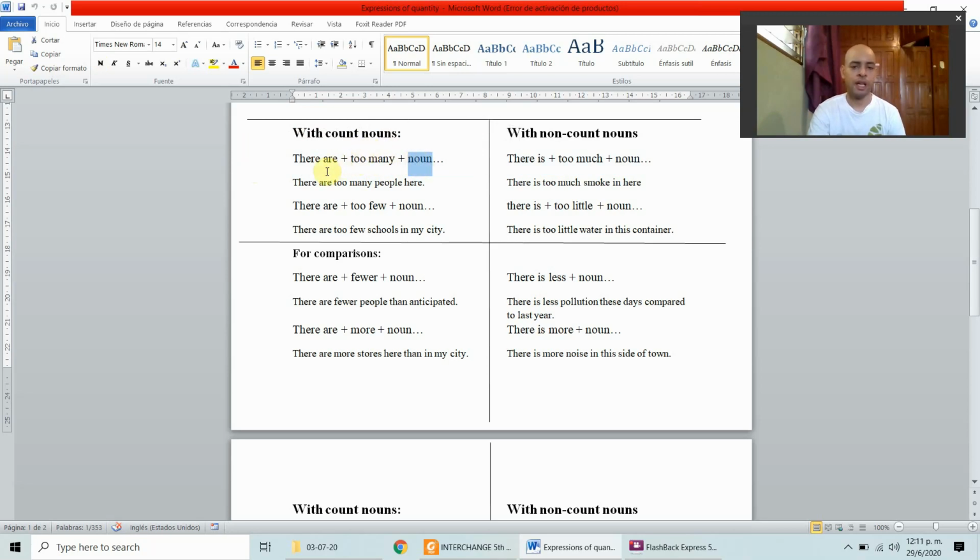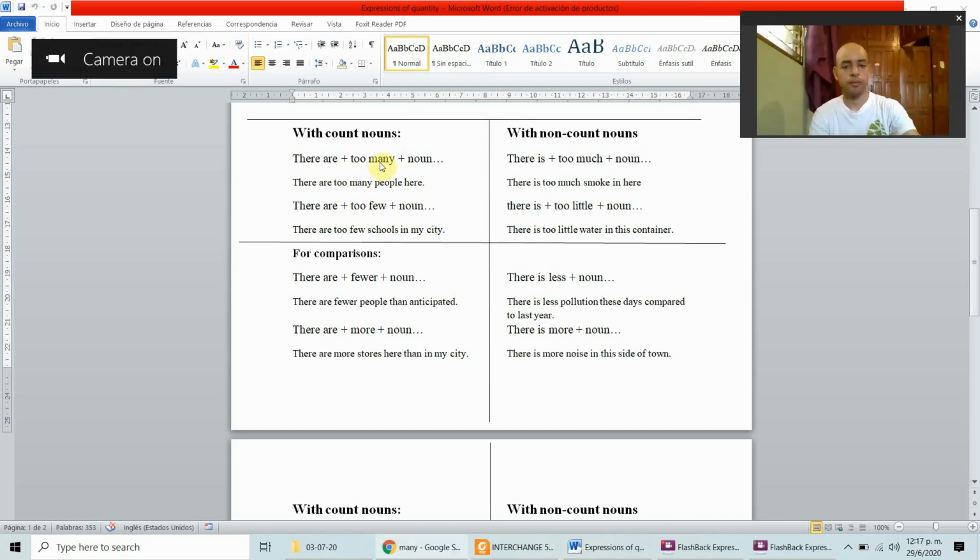This is for count nouns. So there are too many people here, expressing that there is a lot of people in a place. There are too few plus noun. There are too few schools in my city.